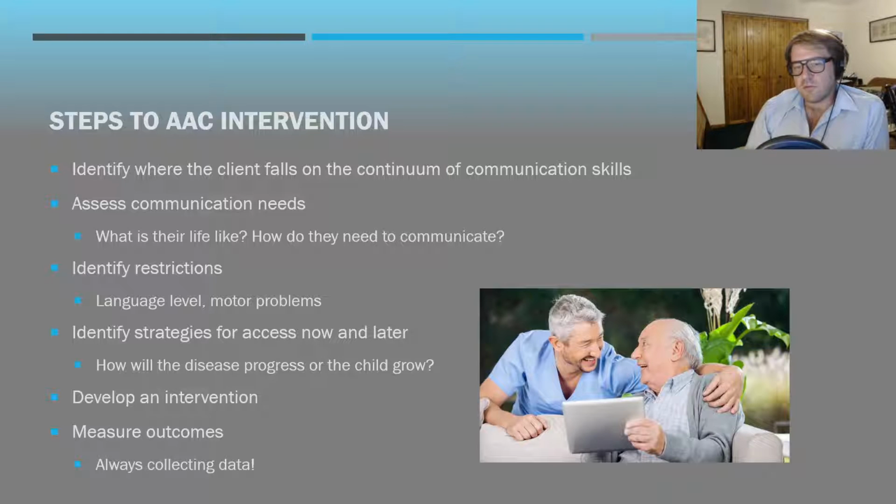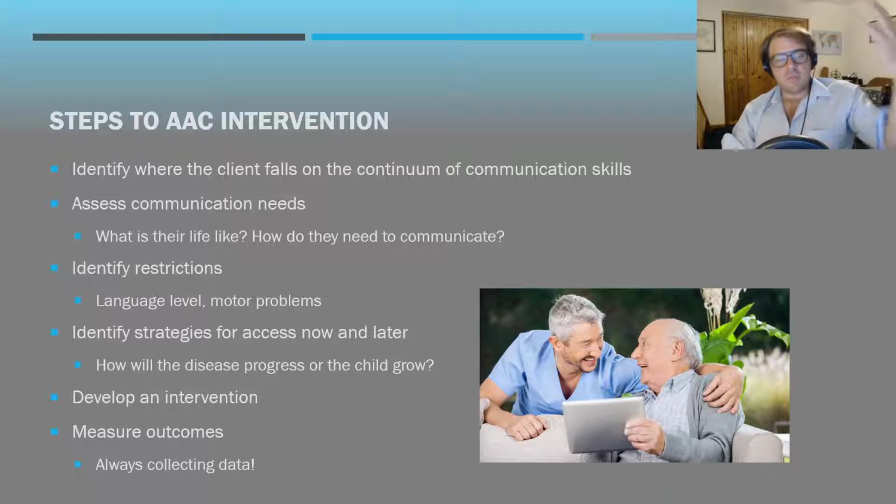So buttons that can get further apart. So a touchscreen would be better. You can have smaller buttons now, larger buttons as the disease progresses, to the point of using different kinds of input devices that we'll talk about in a second, but essentially switches or buttons that are on the outside of the device. Then you'll come up with an intervention plan.